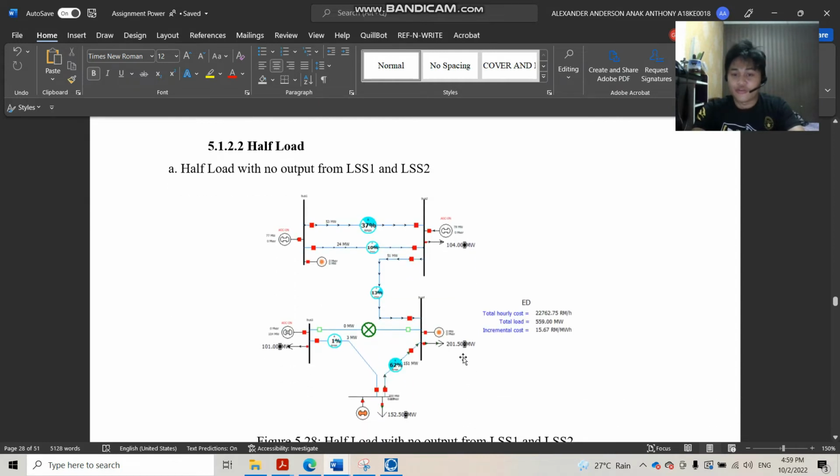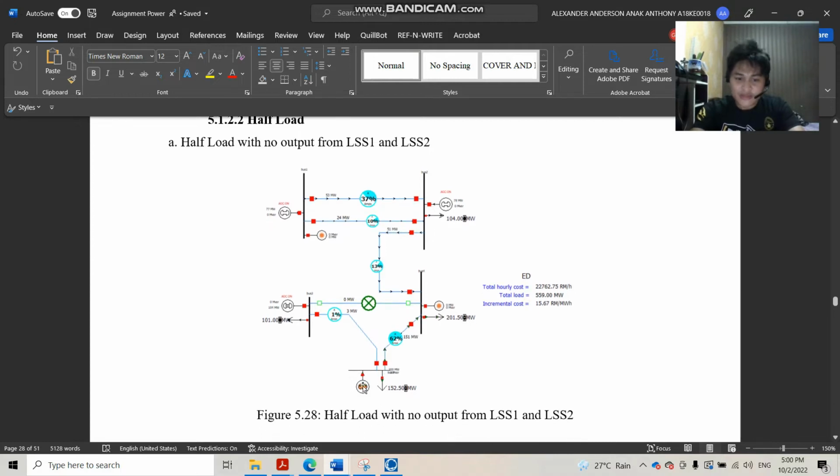Next, we go to the half load. For half load, we just divide all the load attached to the bus bar by 2. We use the same generator attached to bus number 5.